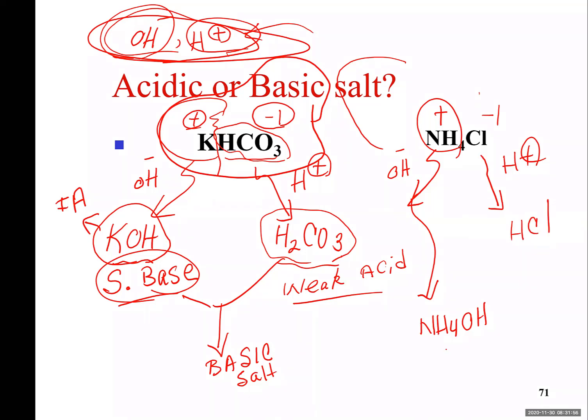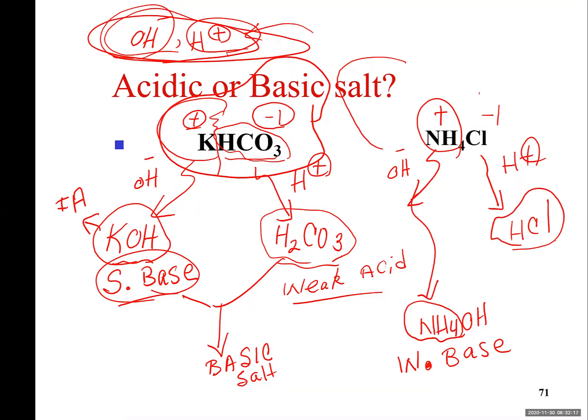Now, this is a base. Why is it a base? It has OH. Is it a strong base or weak base? NH4 is not a metal in group 1A or 2A. Obviously, this is a weak base. For the acid, if you look at the table of the acid, HCl, stomach acid, is a strong acid.